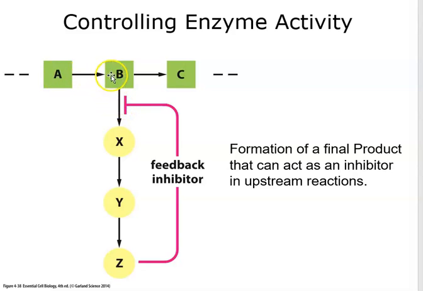Now, if we go from A to B and then B goes down and makes Z, if we make a lot of this compound Z, it comes up and can inhibit this enzyme from making more X, Y, and Z. So this is a way that we can have feedback inhibition. The formation of a final product goes upstream and inhibits an enzyme upstream of it.